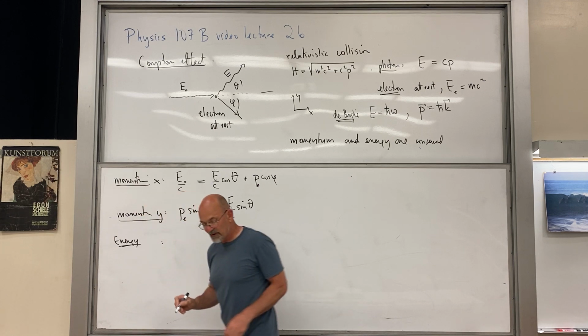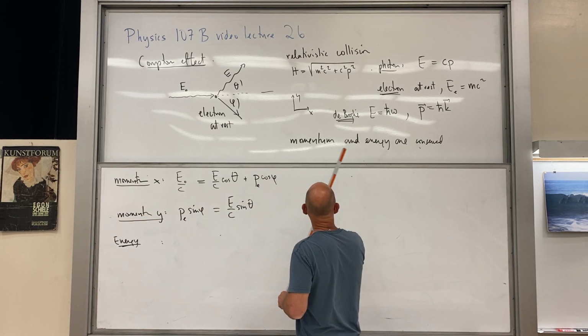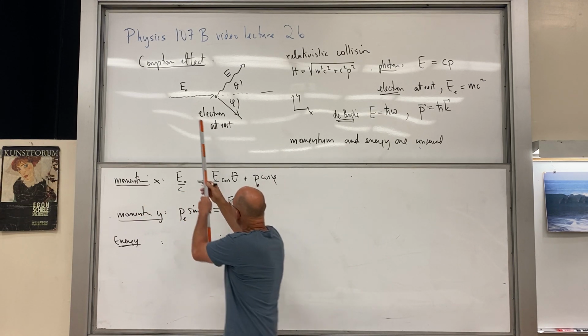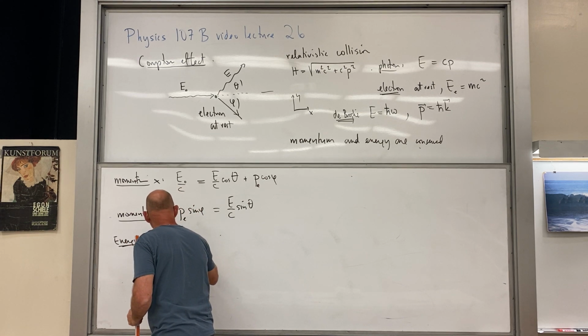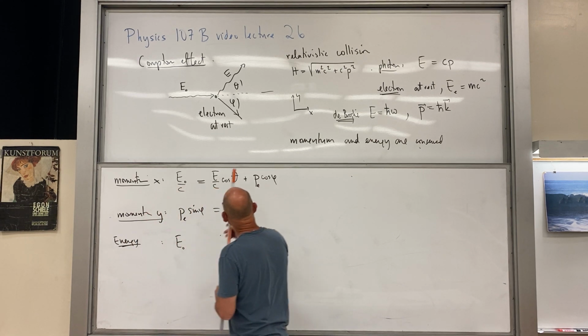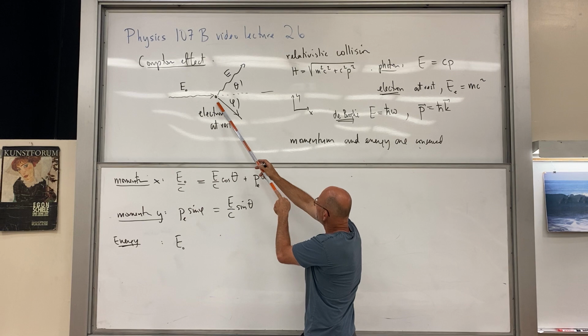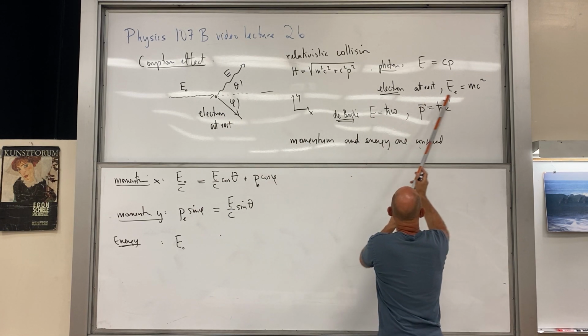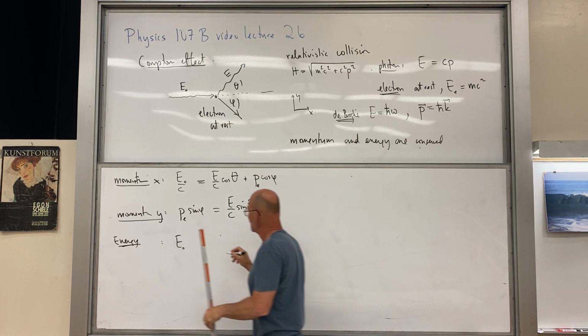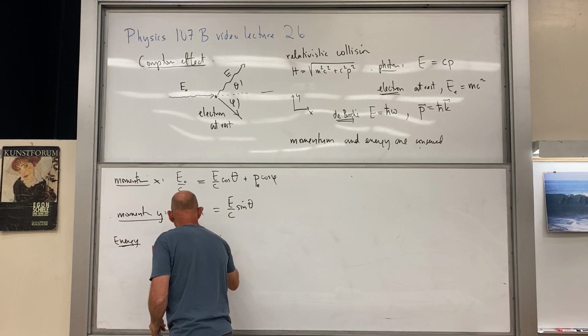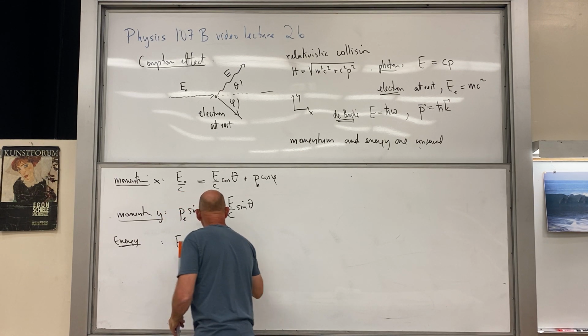Now for the energy, we have the incoming energy, E sub 0, but even before the collision, we have the rest energy of the electron, which is just sitting there, that's mc squared. So E sub 0 plus mc squared.